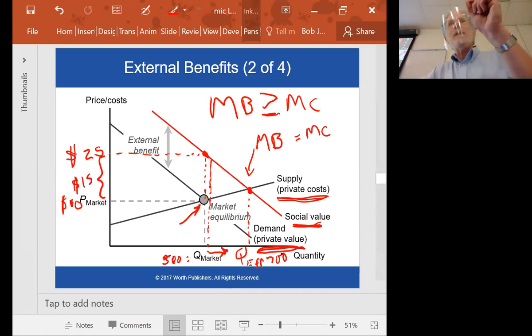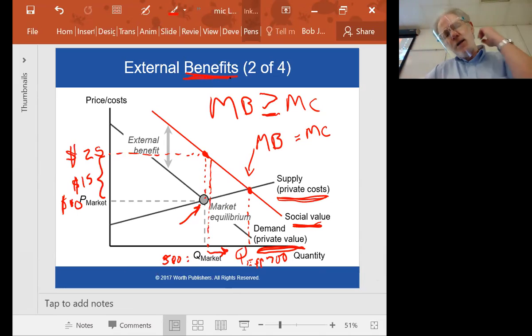We want 700 people to get the vaccine, but without any government intervention, only 500 are going to get it. And so because we have an external benefit, the end result is that we get underproduction. We would like to have 700 people vaccinated, only 500 are going to get it.